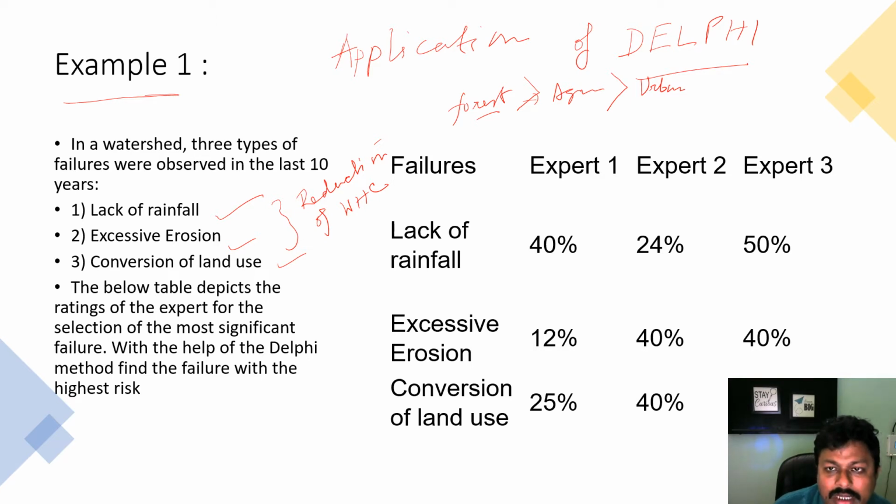So the water holding capacity of the watershed is reduced, which ultimately results in failure of the watershed, because a watershed is healthy when it can hold water, and unhealthy when it cannot hold water.